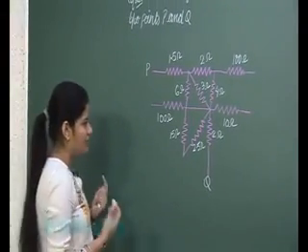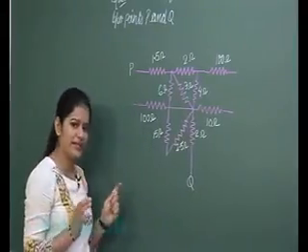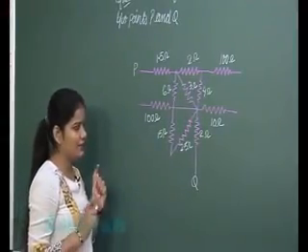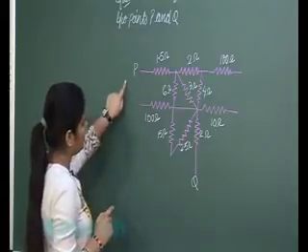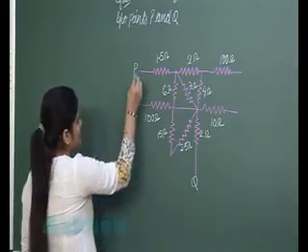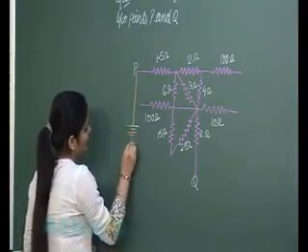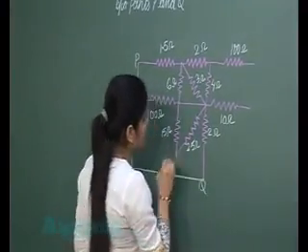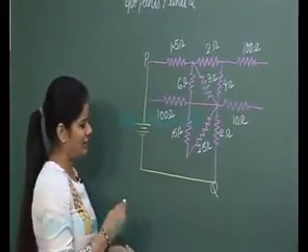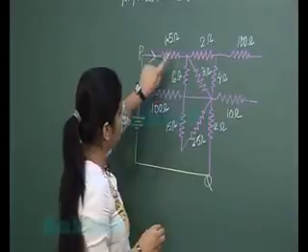Now student, let's solve this question. This is another complicated network which is given to us, but student, we can convert it into a simple network. For this, let us consider that a battery or a cell is connected between these 2 points. Now current will go like this.